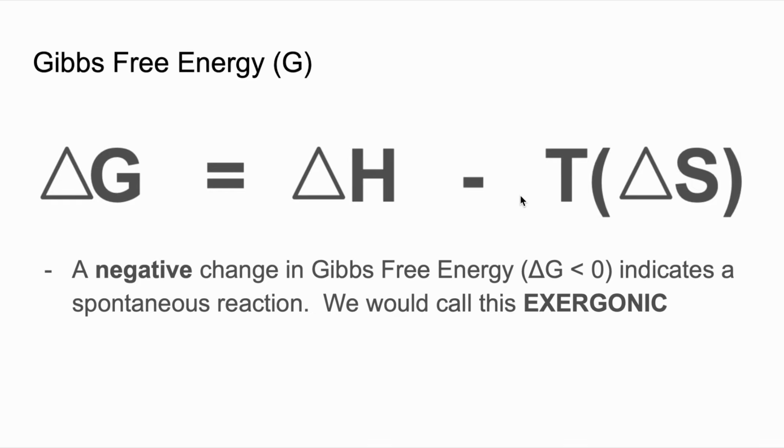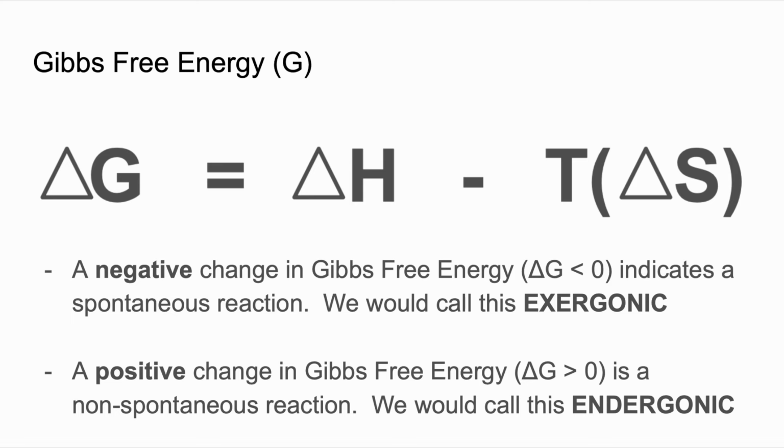Now, a negative change in Gibbs Free Energy, meaning that we have a delta G that's less than 0, would indicate a spontaneous reaction, and we would call this exergonic. This is the new term that I want my students to understand. We're not talking about exothermic anymore; that is for enthalpy. The new term we need to understand when it comes to whether or not a reaction or process is spontaneous is: is it exergonic or is it endergonic?